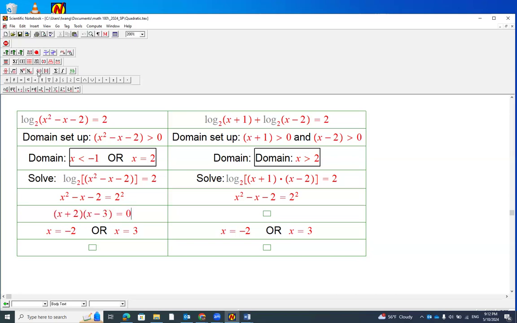All of that is the same on both questions. So the only difference that separates them is the domain check. Both are solutions.